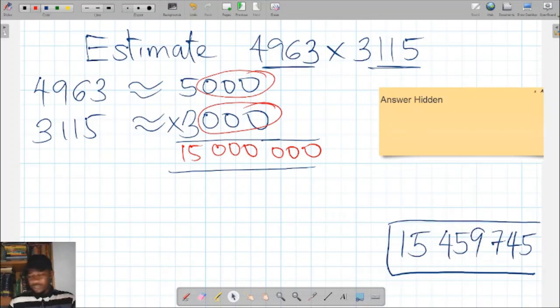The correct result is actually 15,459,745, which is not too far away from the answer that we got. And that shows you that estimation is very powerful. So what you want to do is encourage your learners to pick place values that they are comfortable with. They can pick the largest place value there, but the smaller the place value they pick, the closer they will be to the result.